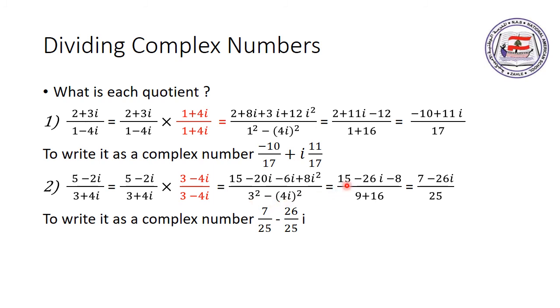It gives 7 minus 26i over 25. Writing this quotient as a complex number, we get 7 over 25 minus 26 over 25 i, where 7 over 25 represents the real part and negative 26 over 25 represents the imaginary part.